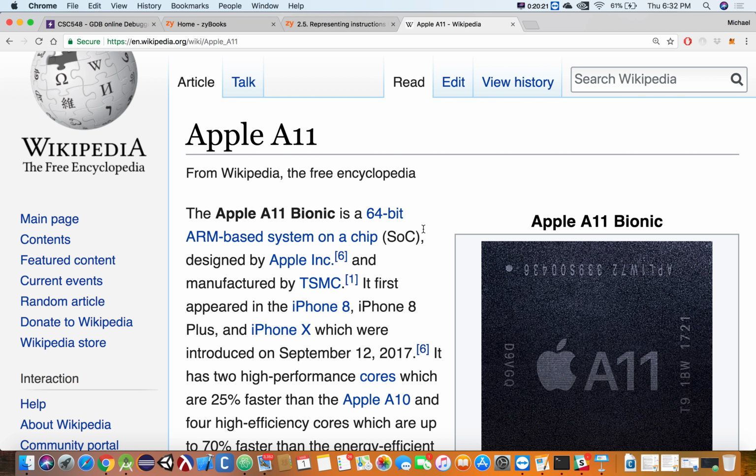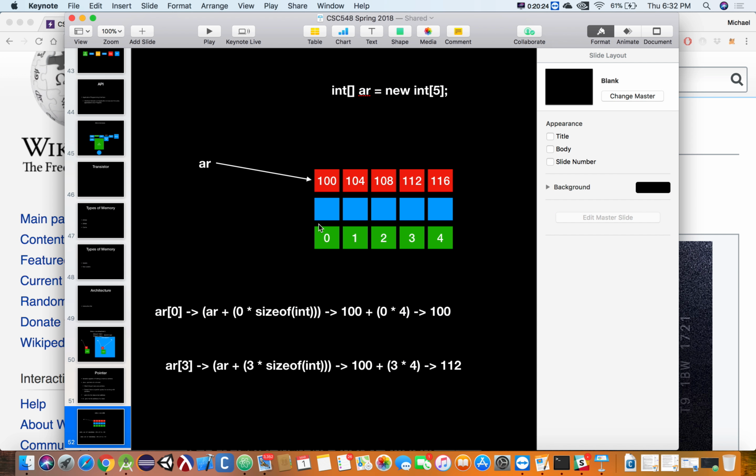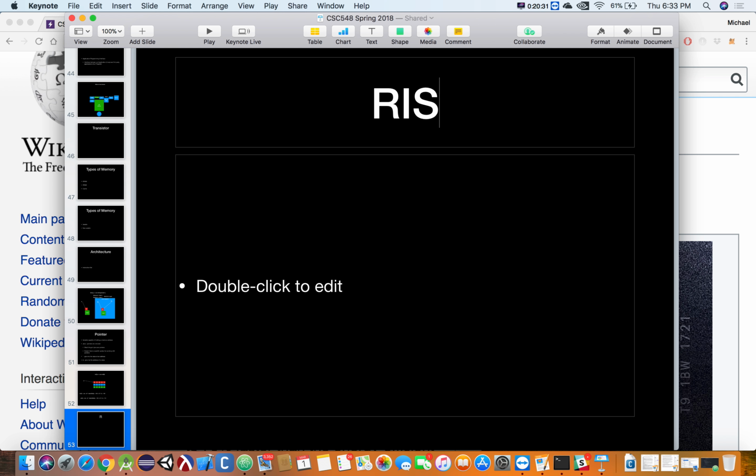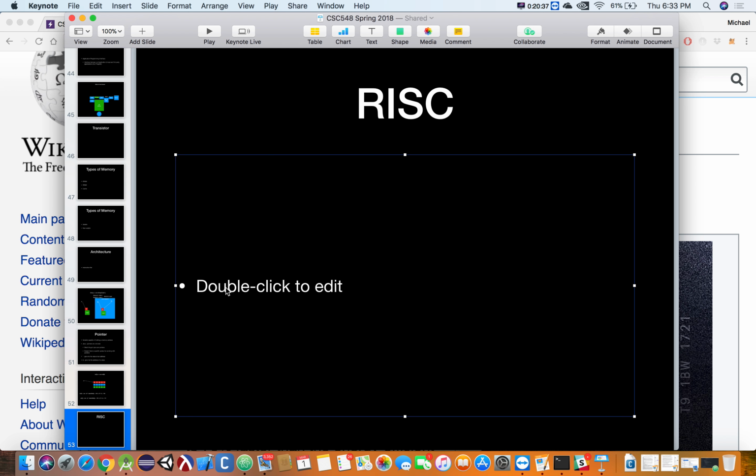Now, what's kind of interesting here, when I say RISC, that's reduced instruction set. Our Intel-based processors on our laptops and desktops are not running reduced instruction sets.